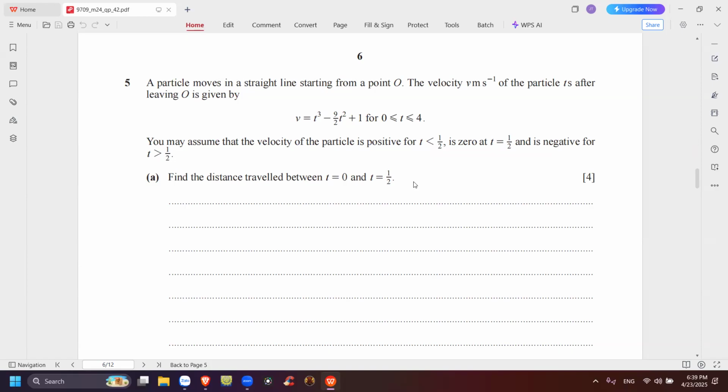I integrate it to be S, and then put half a second at the top and zero at the bottom, something like that. Remember? And then integrate this one. Yep. Yeah, I do it.